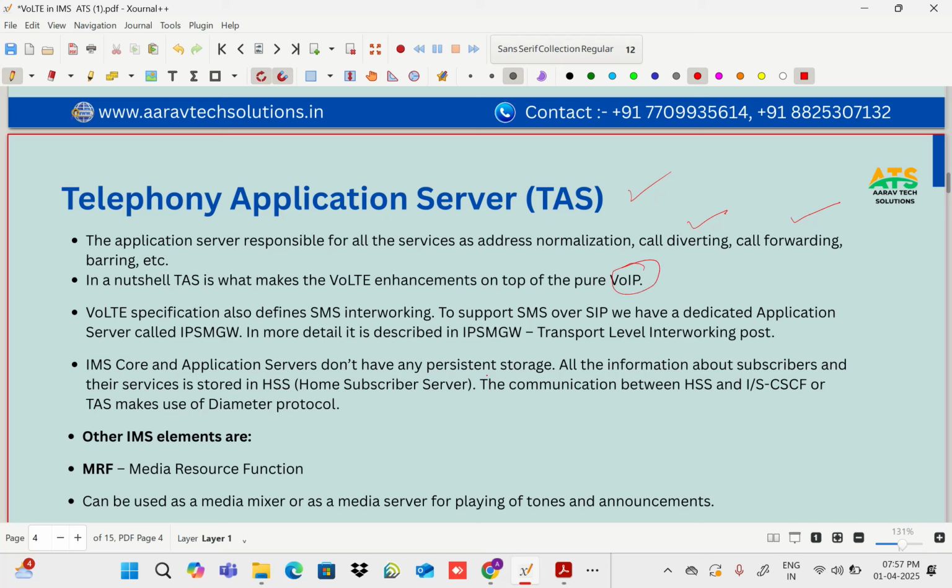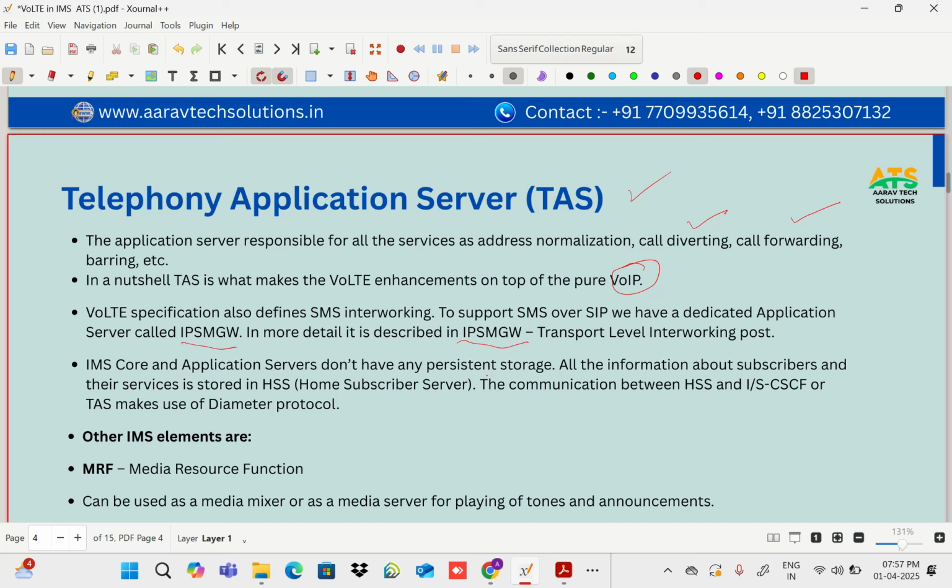The VoLTE specification also defines SMS interworking. To support SMS over SIP, we have a dedicated application server called IPSMGW, which handles SMS related work. In more detail, it is described in the IPSMGW part, transport level interworking.